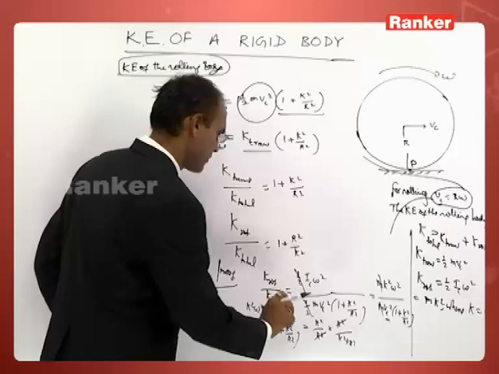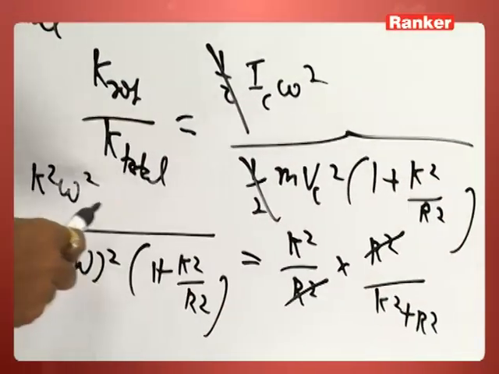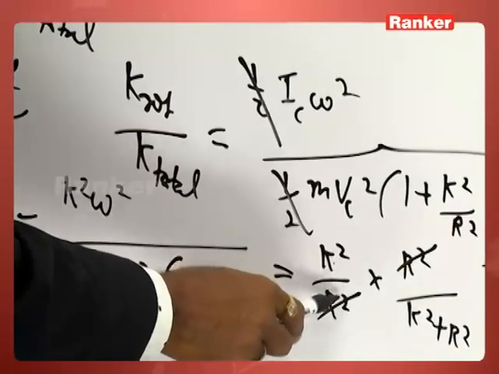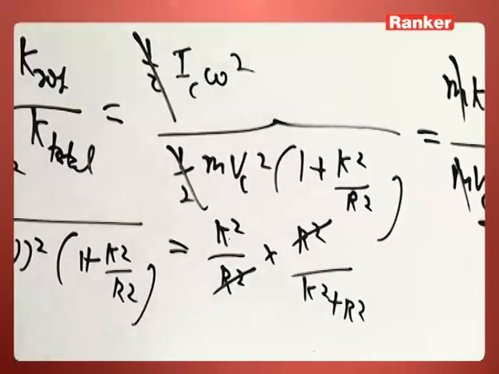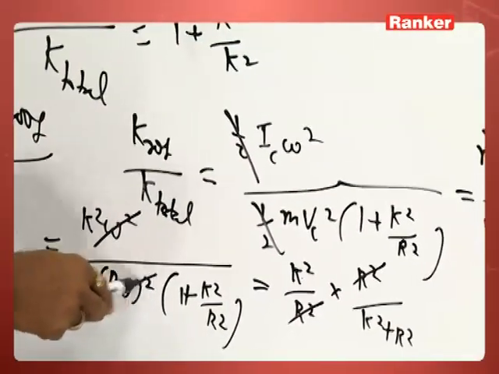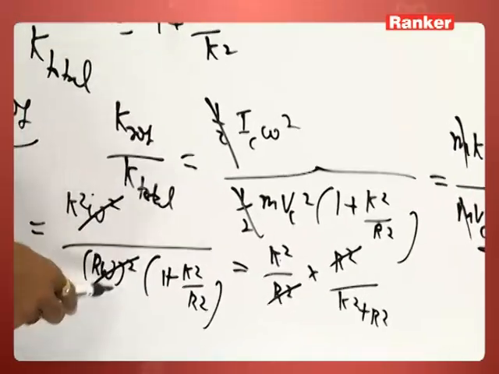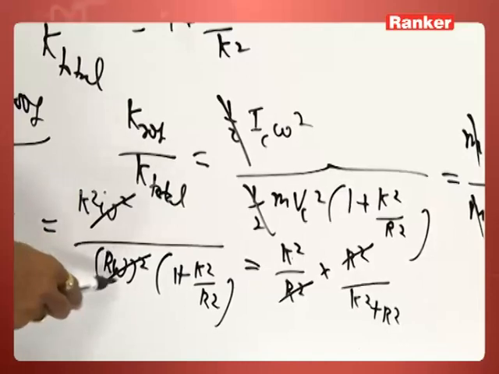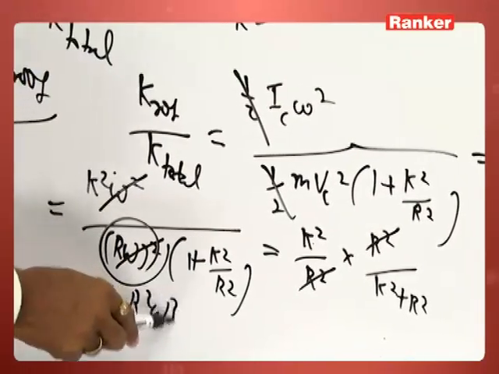Well, this will be k square by r square into r square by k square plus r square. You will get this term after cancelling omega square in both numerator and denominator. Here r into omega square of this, so here you are getting r square into omega square.